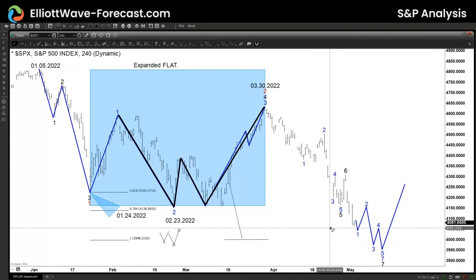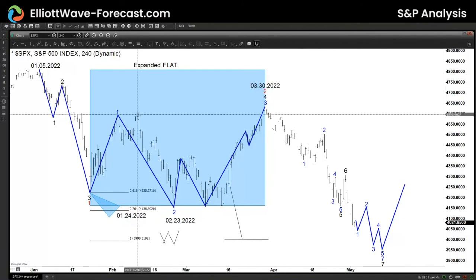At Elliott Wave Forecast, like I said earlier, we have added a lot of tools to the theory. One of them is this sequence that we follow and track for each instrument. One of the new rules is that when you have a low, like February the 23rd, in which you have 3 down, 3 higher, and then 3 down right here, technically you can call this a 3-way move up to here.